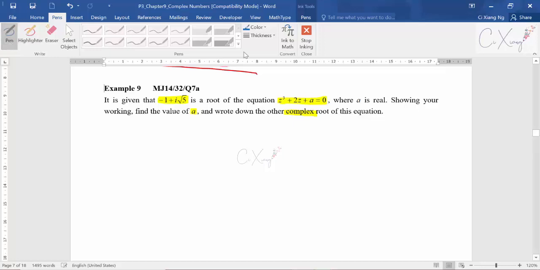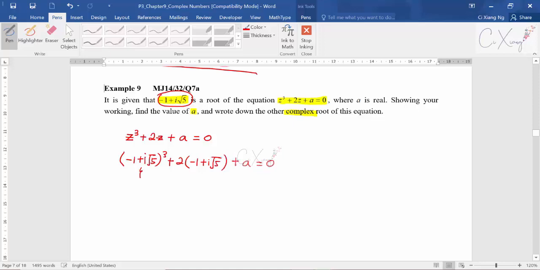Since they already give you one root, if you substitute the root into the equation, you will be able to find A straight away. So I have negative 1 plus i square root 5, to the power 3, plus 2 times negative 1 plus i square root 5, then plus A equals to 0.